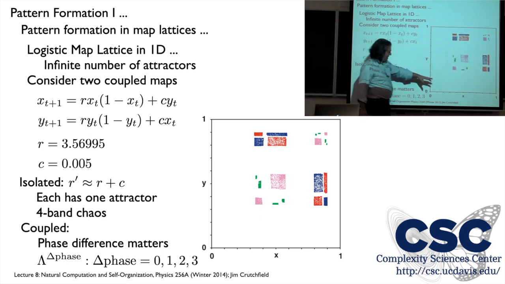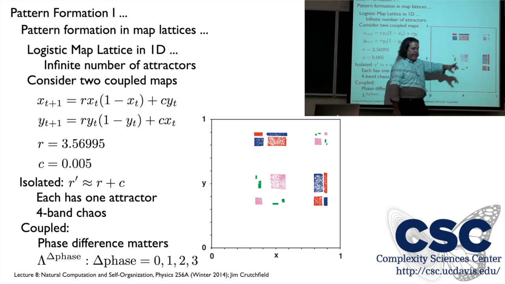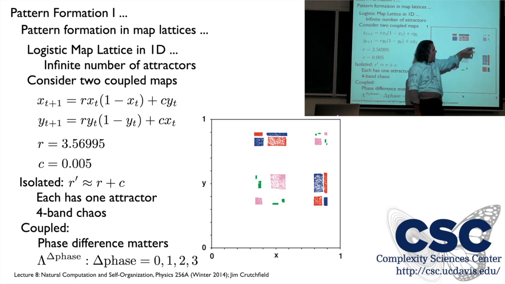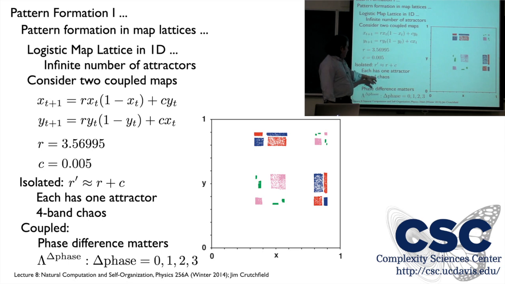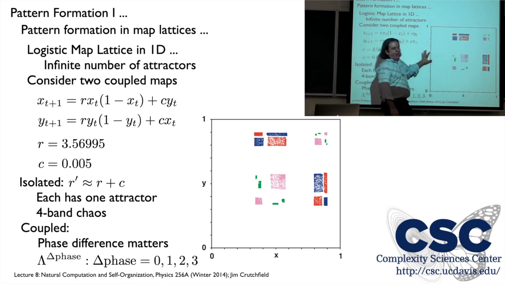So what I'm showing you here is the X map and Y map coupled together. So again, the state space is now the unit square. And it turns out that what we end up with, if we just offset one map, we'd have these banded chaos attractors. But when we look at the system together, we have different attractors based on the relative phase of the two.